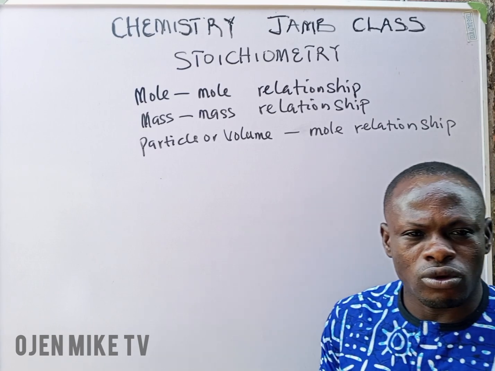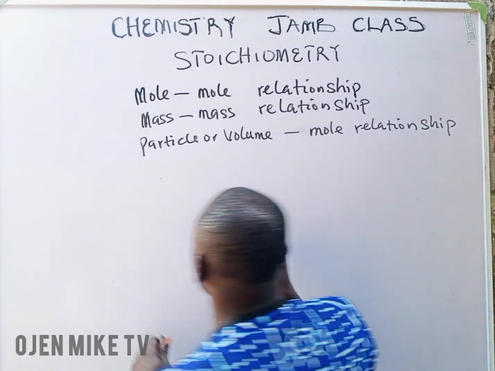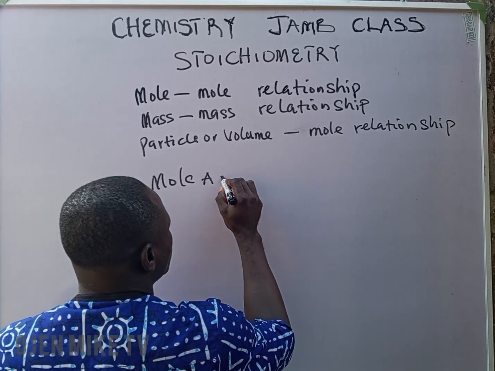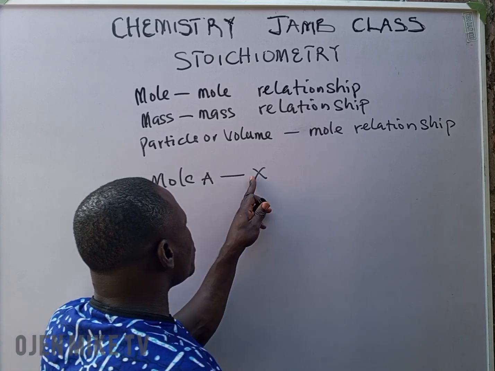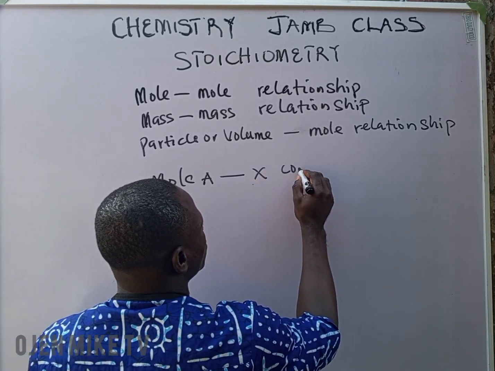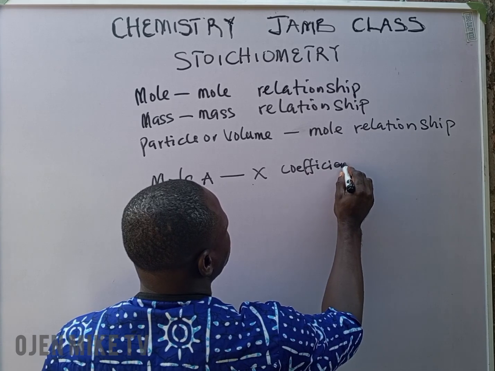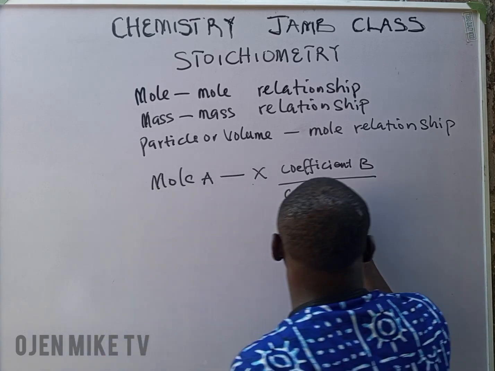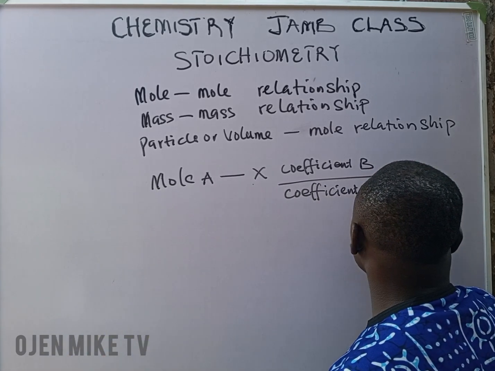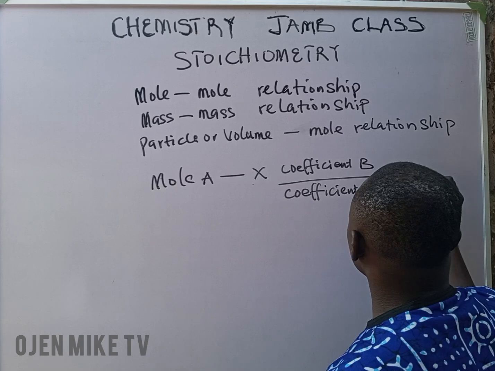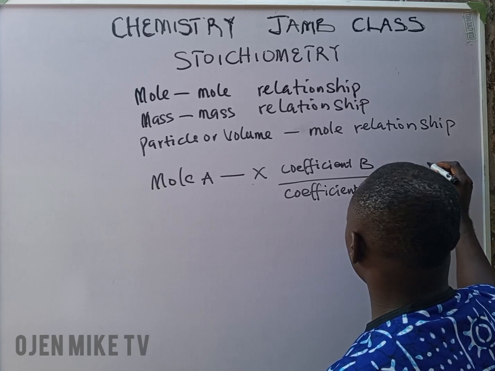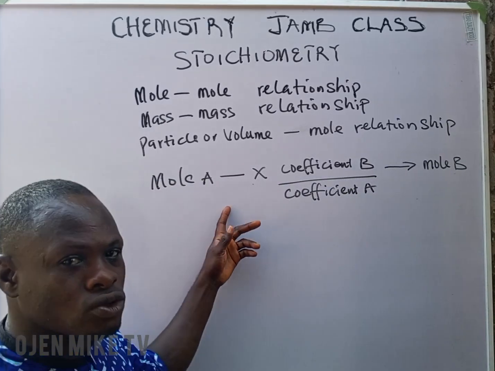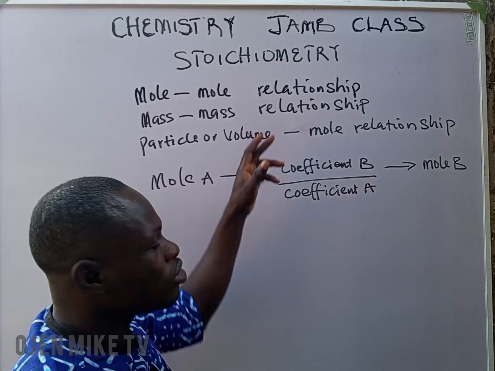In the mole relationship, you have to look at balancing of chemical equations. For instance, moles of A multiplied by the coefficient of B, divided by the coefficient of A, will give you moles of B. Look at the formula you can use to calculate mole relationship.